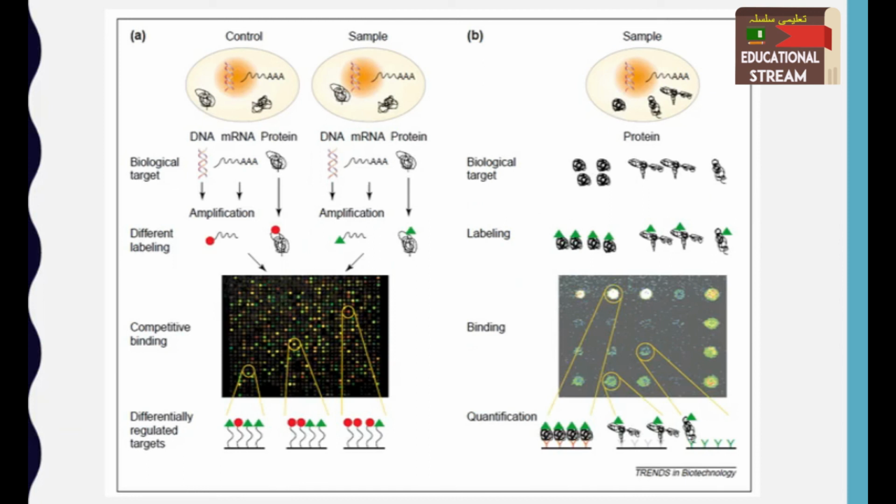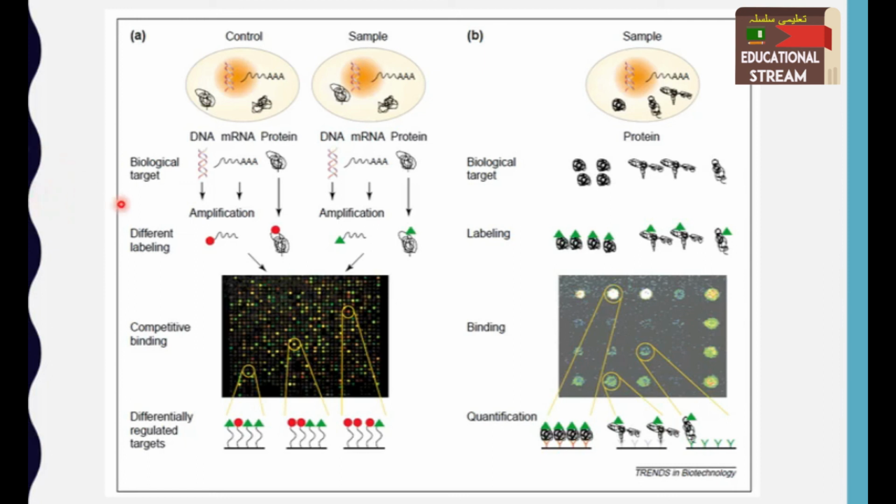In this diagram, we will see the comparative and quantitative proteome analysis. In figure A, comparative genome and proteome analysis is shown. Subtractive or comparative strategies employed in this method are most efficient for discovering gene activity in a physiological or pathological context.